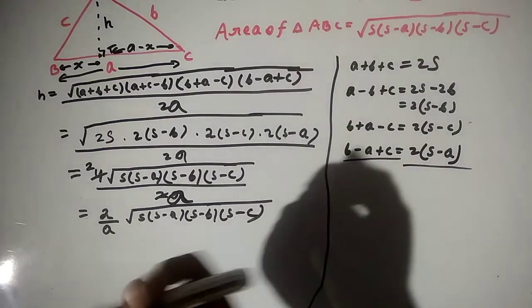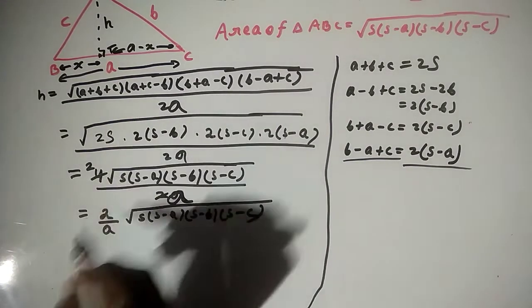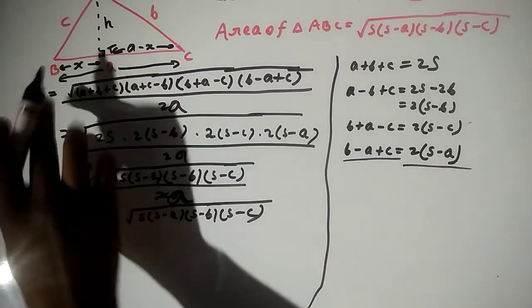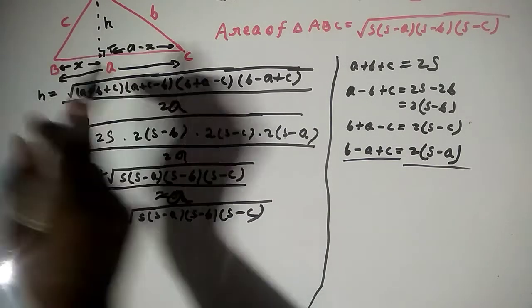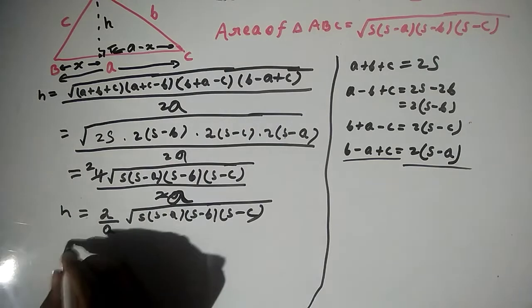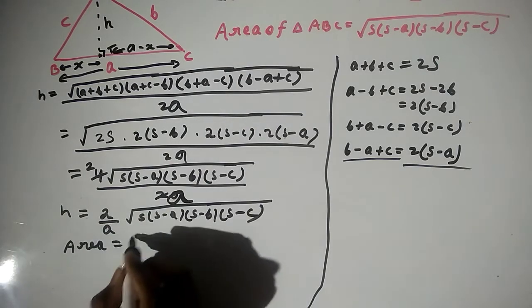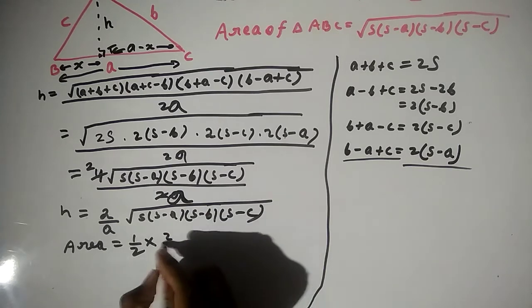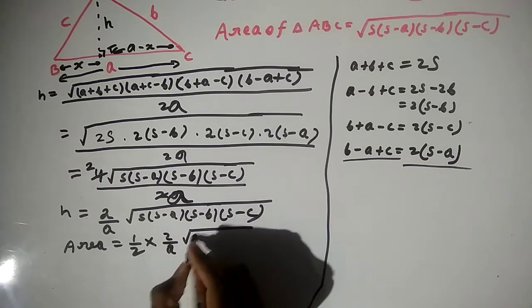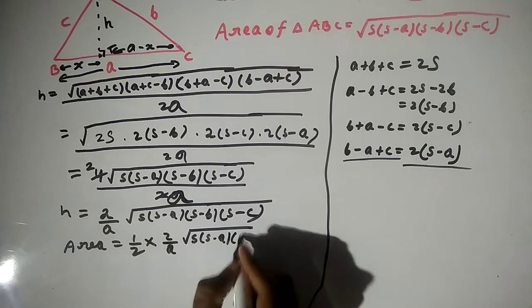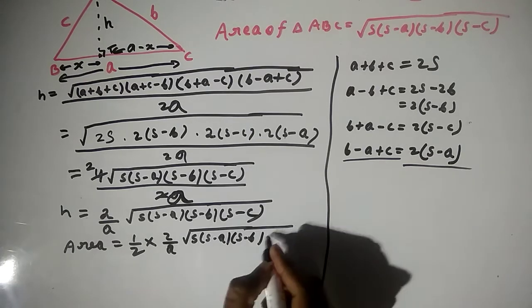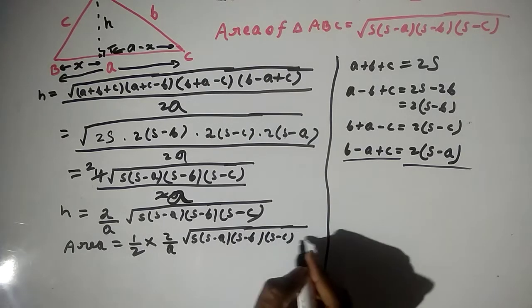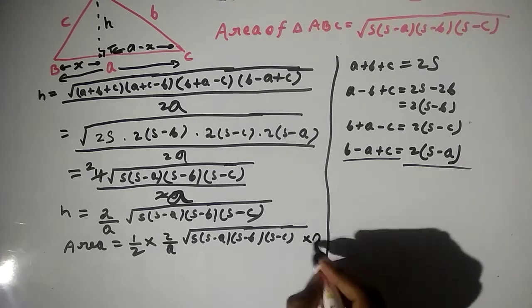Now, what is the area of this triangle? This is h. The area of the triangle is half times h times a. So area is half times h. h is this. Put this h, s, s minus a, s minus b, s minus c, and then times a.